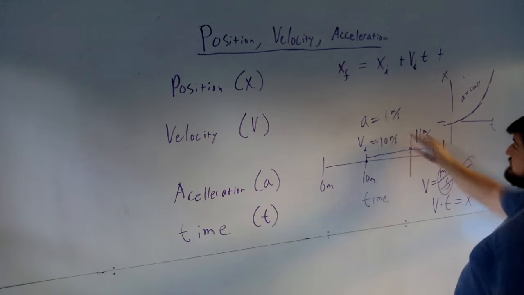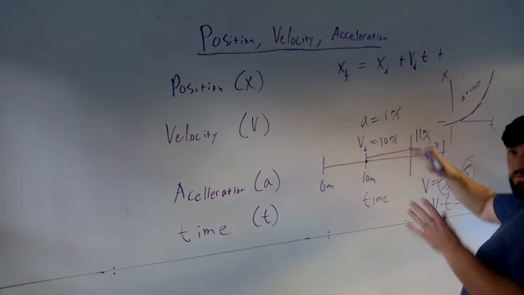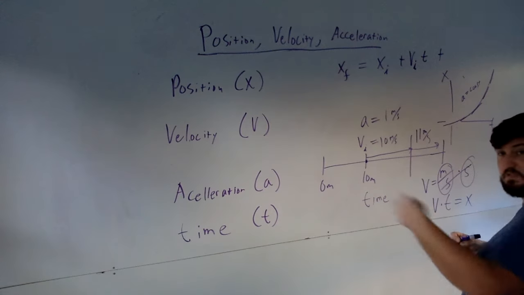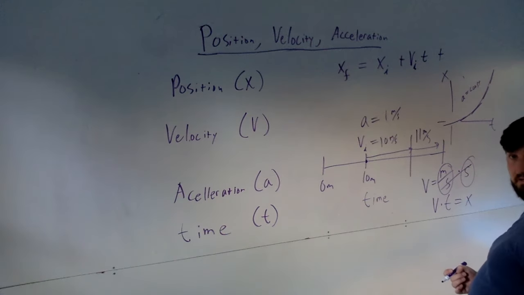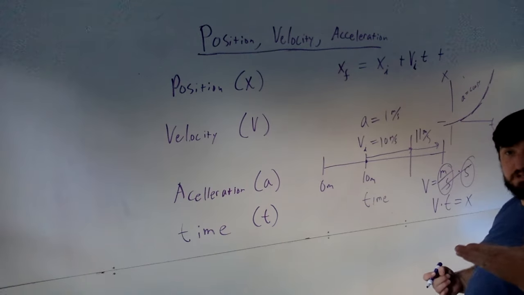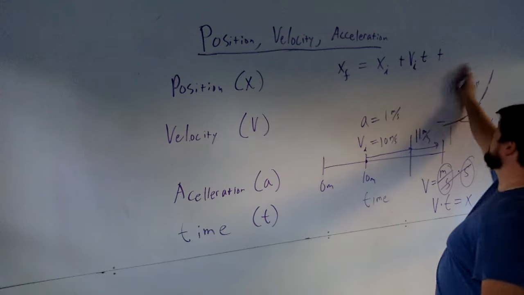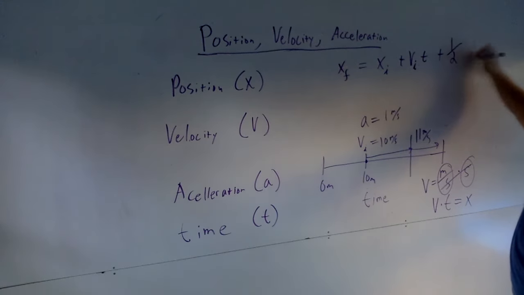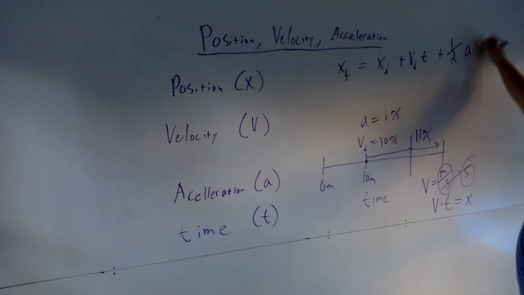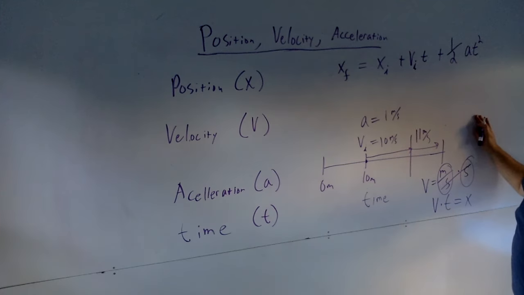And then the next one, if I'm accelerating by 1 meter per second, right? So instantly at the end of that second, I speed up to 12 meters per second, and all of a sudden I'll be going 12 meters in that 1 second, okay? So my acceleration also has to factor in here. And the way that we put that in is our equation will have a 1/2 acceleration times time squared, okay?